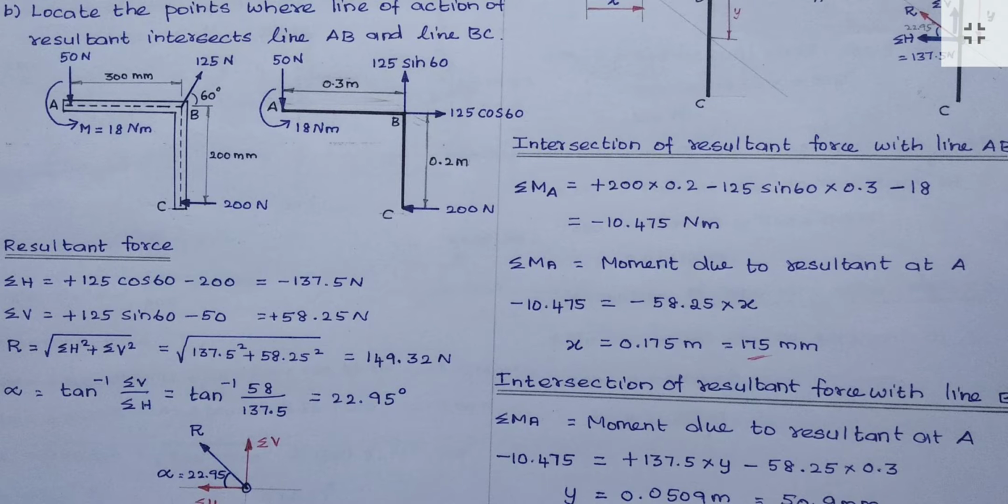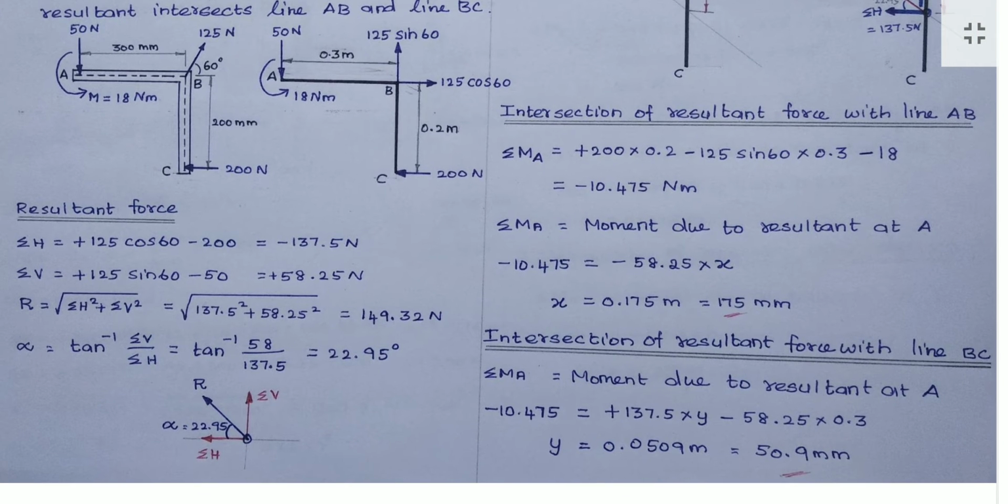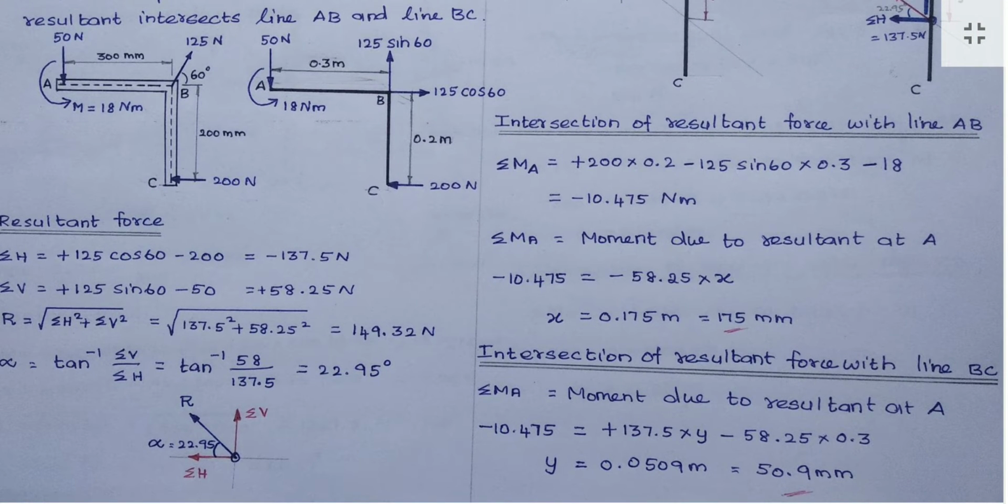We use these values of sigma H and sigma V for finding the resultant. The resultant force is 149.32 Newton. The direction of the resultant force, alpha, is found from the formula tan inverse of sigma V by sigma H, which gives 22.95 degrees. Here sigma H is negative, so towards the left, and sigma V is positive, towards up.